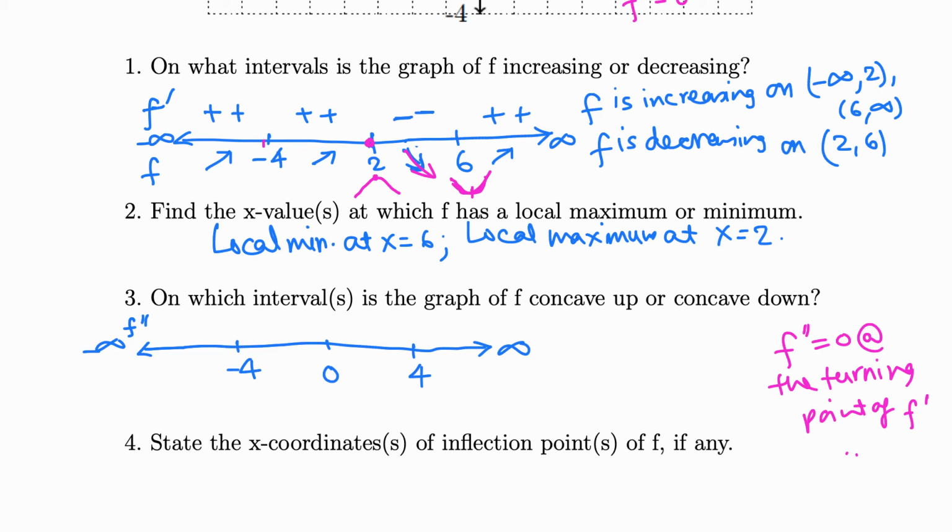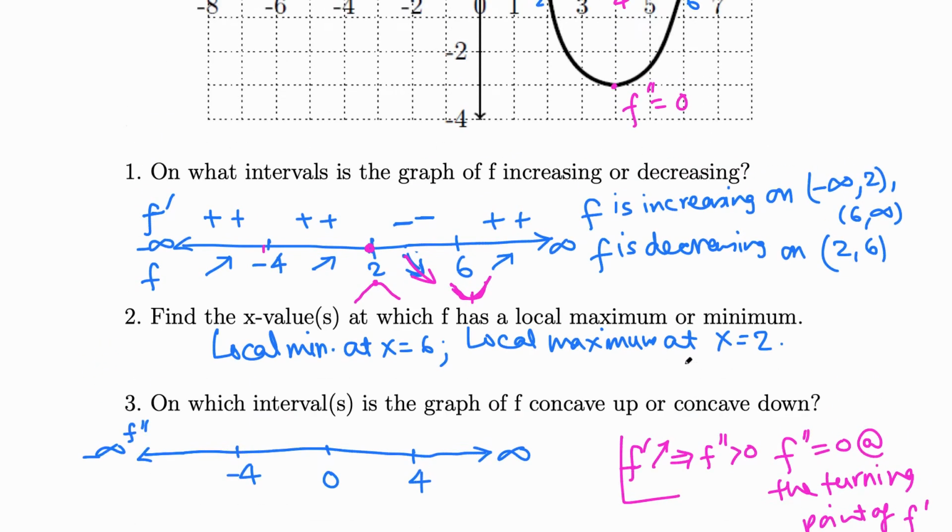When the first derivative graph is increasing, going up, the second derivative is positive. If the first derivative graph is decreasing, the second derivative is negative.